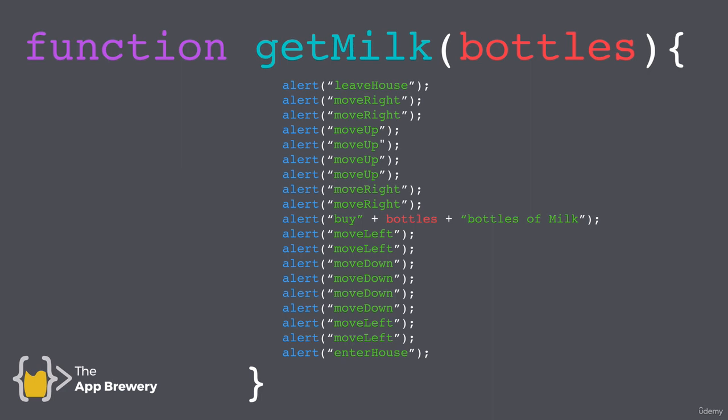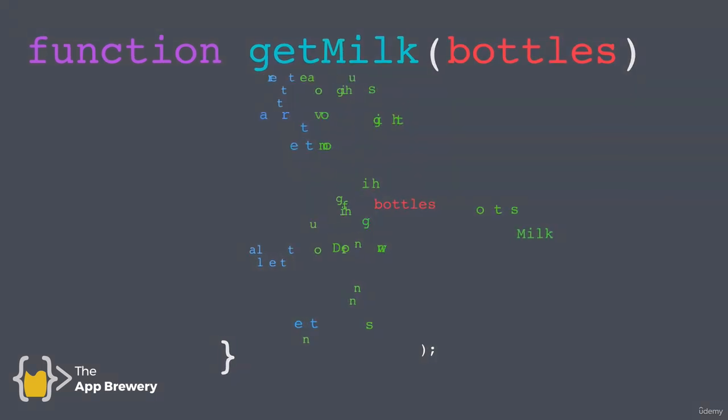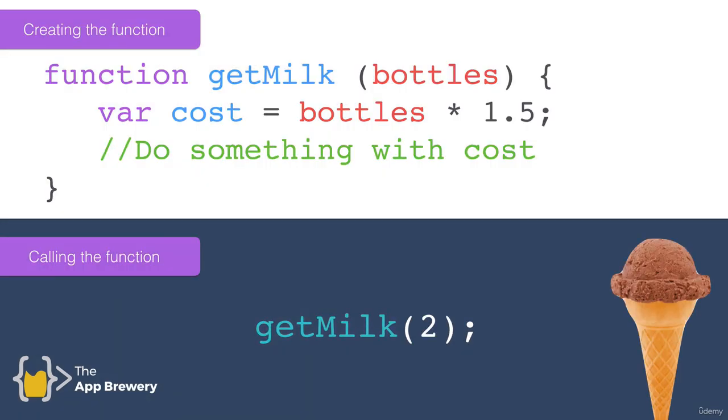So in this case, when we call get milk, it's still going to execute all of these alerts to the robot to command it to do something. But in the middle, when we get to the buy milk section, it's going to tell it to buy a specific number of bottles of milk based on the input that the function gets when it gets called. So when we create the function, we're still using the function keyword.